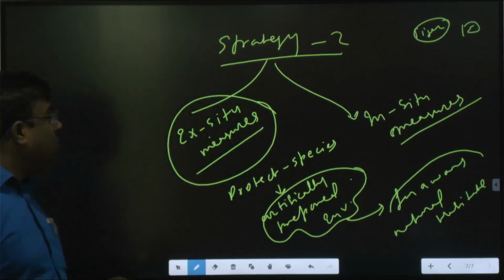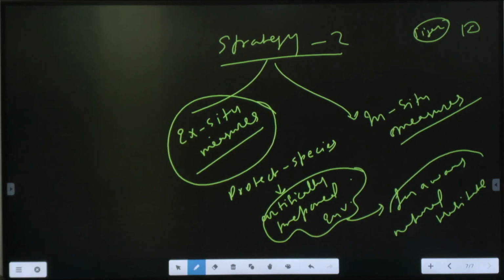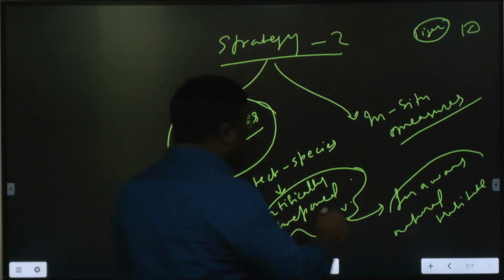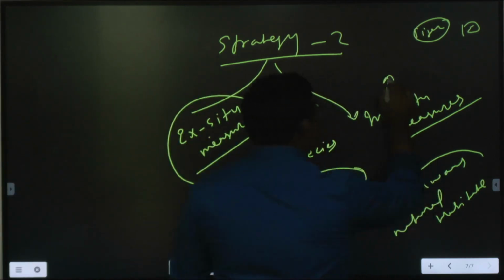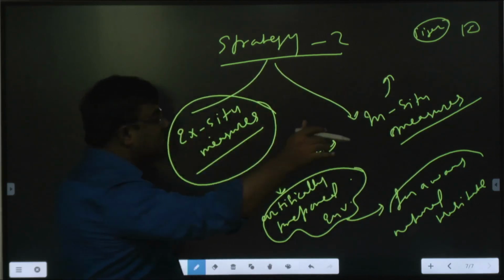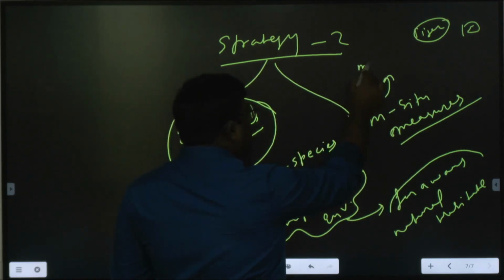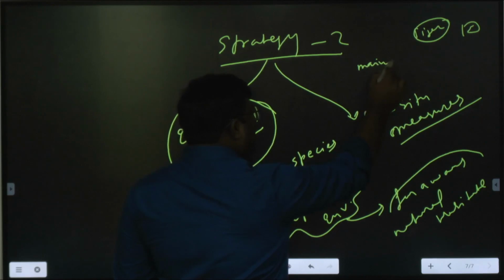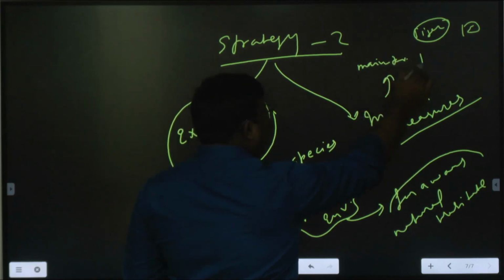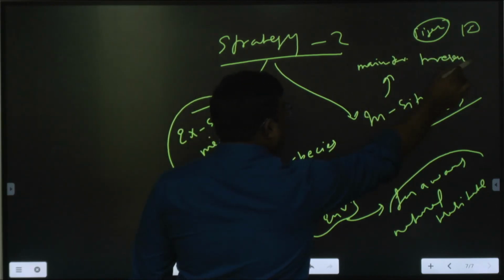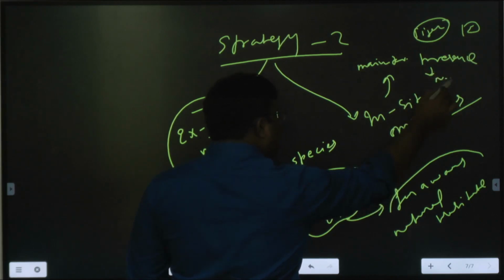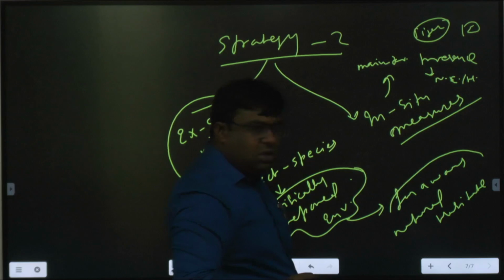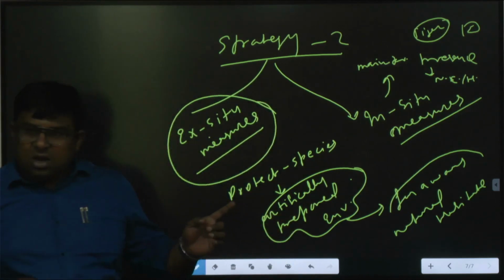When we talk about in situ measure, we try to protect species by maintaining their presence within their natural ecosystem or habitat. Difference समझ में है?